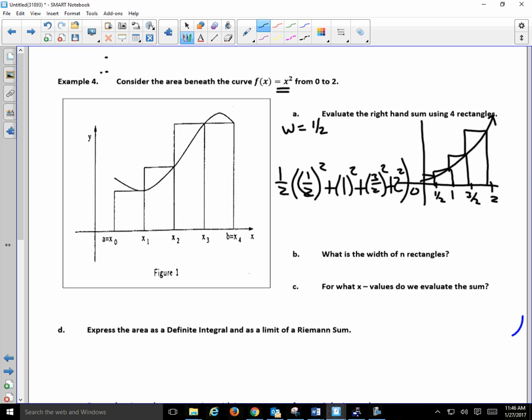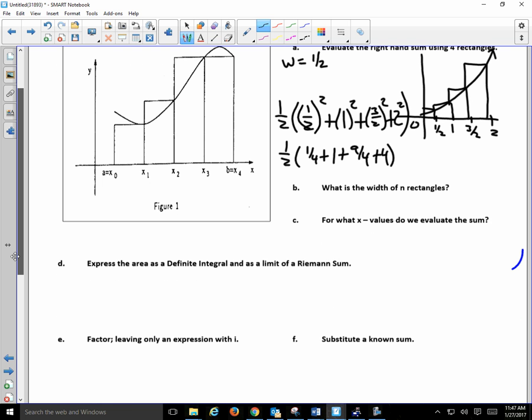Okay, so we got 1 half times 1/4 plus 1 plus 9/4 plus 4. And 1/4 and 9/4 is 10/4, or 5 halves, plus 5, or 10 halves.